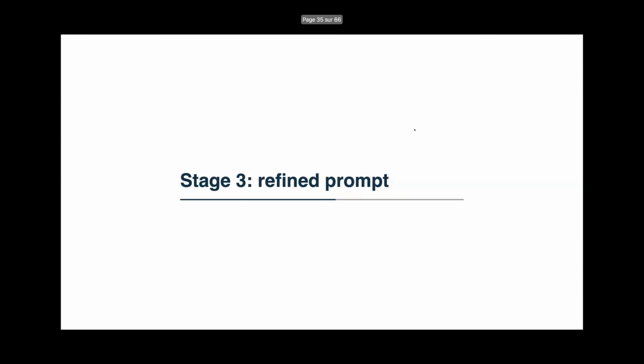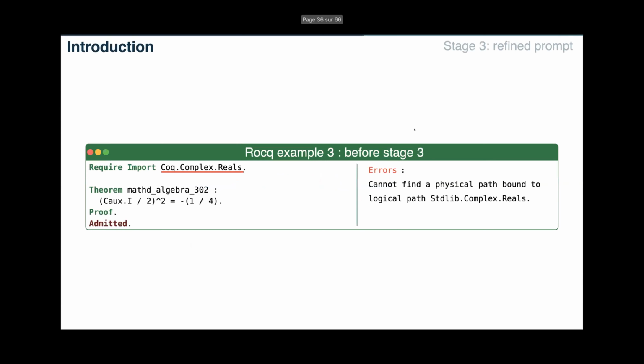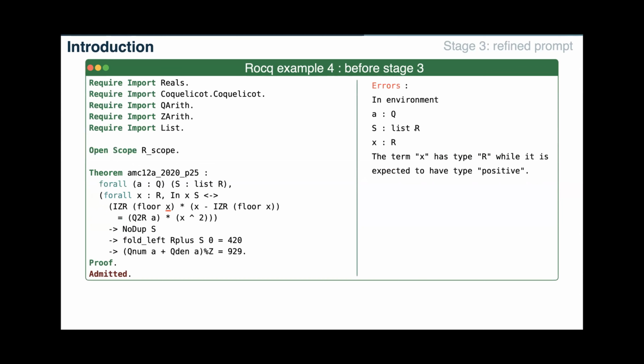And finally, we move on to the third and final stage, refined prompt. At the end of stage 2, we noticed that some errors were pretty recurrent. For example, the models had a hard time using complex numbers or using the floor function.